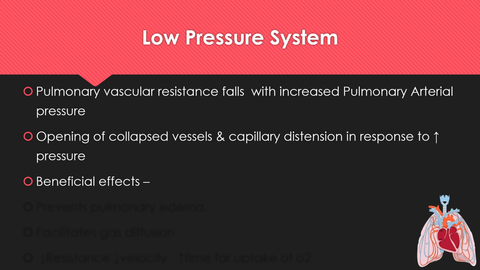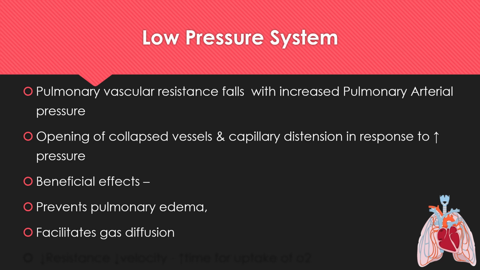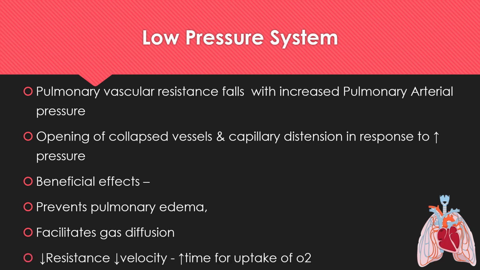The beneficial effect is that it prevents the pulmonary edema and facilitates gas diffusion, as capillary distension increases the surface area. When there is a decrease in the resistance, there will be a decrease in the velocity of flow, and an increase in the time for the uptake of oxygen.